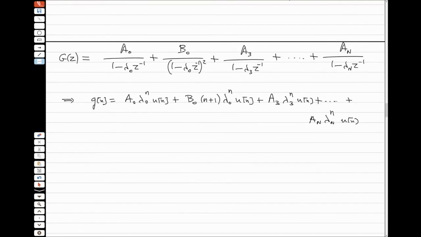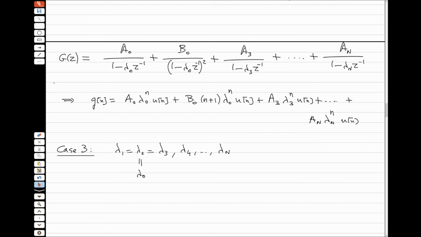But maybe there's an interesting case, the scary case where you have a triple pole, and the other ones are distinct.